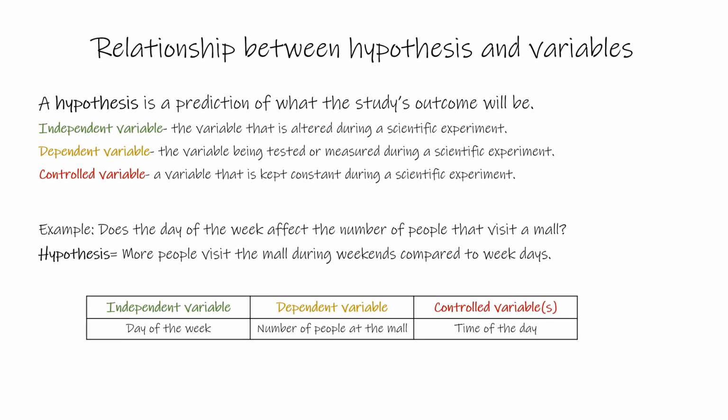We'll go on Monday, Tuesday, Wednesday, and all the way to Sunday to test the number of people at the mall, which is the dependent variable. And then the controlled variable, which is to be kept constant during a scientific experiment, is the time of day, meaning that each day we'll be going to the mall at the same time in order to make sure that the time of day does not affect our scientific experiment.